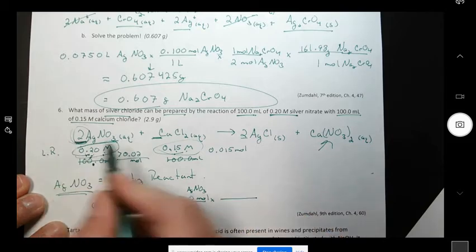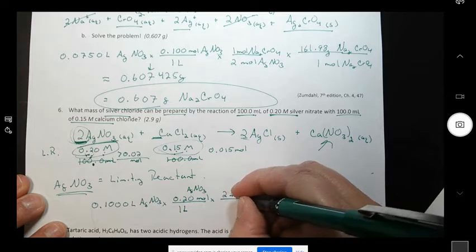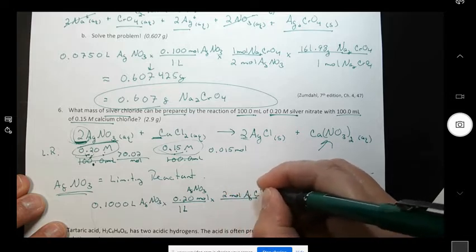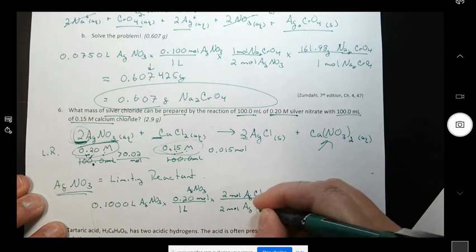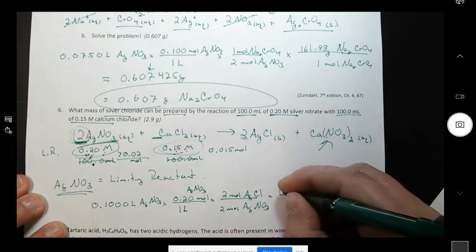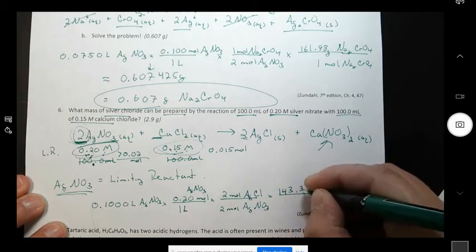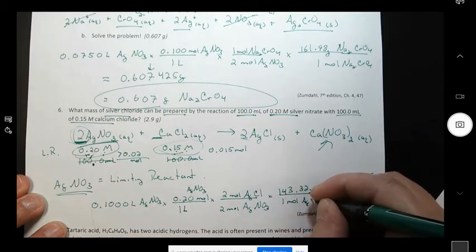Now, my mole ratio is actually 2 to 2. You can reduce that to 1 to 1 if you want to, but 2 moles of silver chloride for every 2 moles of AgNO3. And then molar mass, 143.32 grams for every 1 mole of AgCl.